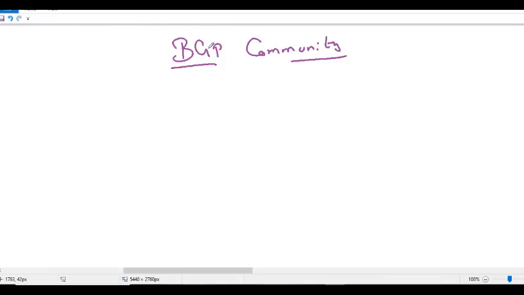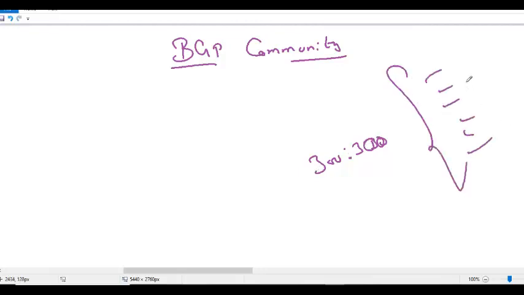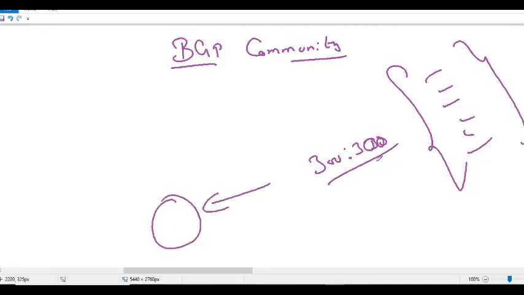If you say community value 300:300 and assign this 300:300 to a set of networks that I learned through BGP, and I say, hey router, when you receive the community 300:300, set local preference 300. So it will be easy for me to set local preference 300 only for this group of networks because they're all tied up with one community value.